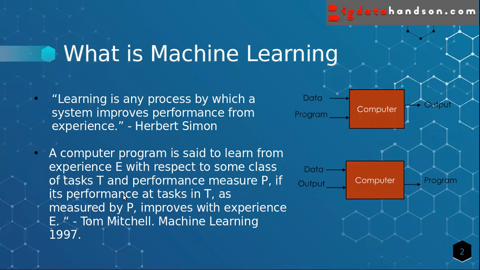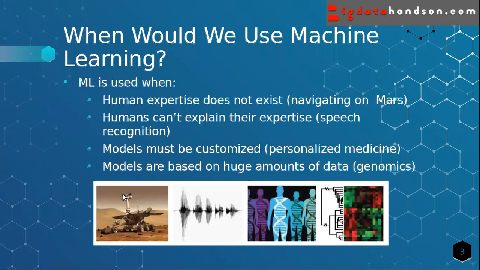Now, when would we use machine learning? We use machine learning when human expertise does not exist, such as navigation on Mars, and speech recognition, or in the medical field, like checking whether a drug can help cure a disease.